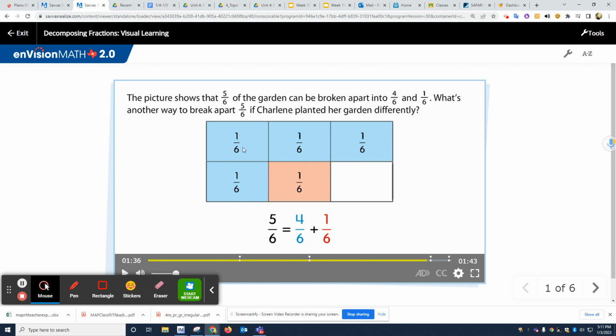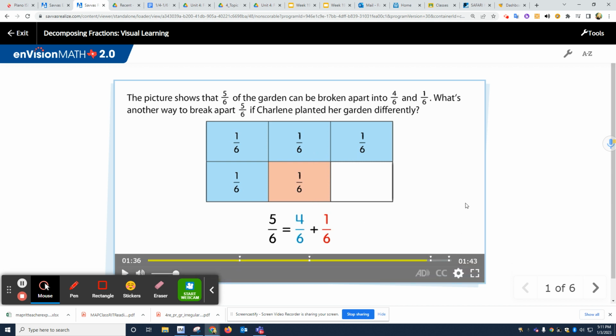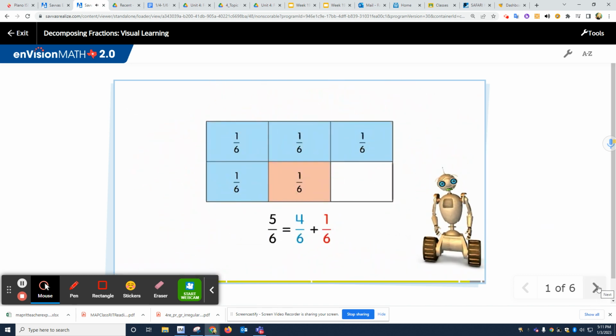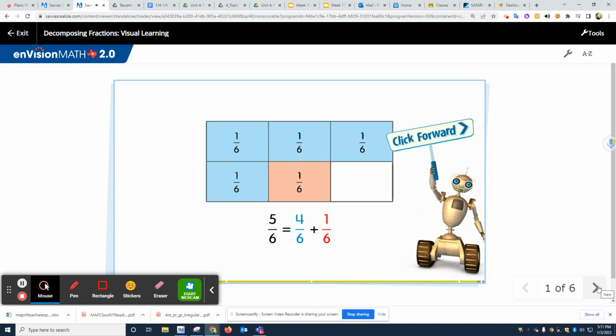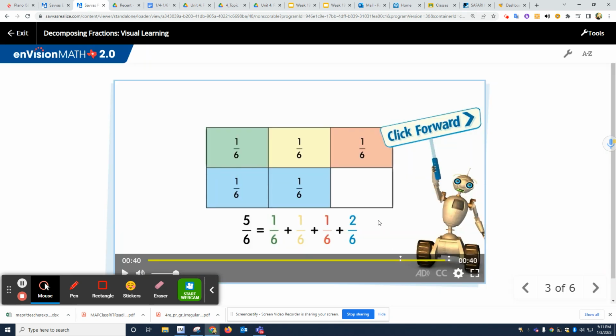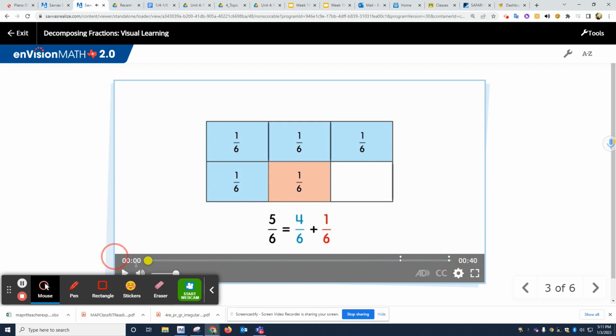So I can think of 2/6 plus 3/6 would equal 5/6. There's a lot of different ways. We're going to try some more. Oops, let me get this back to the beginning.